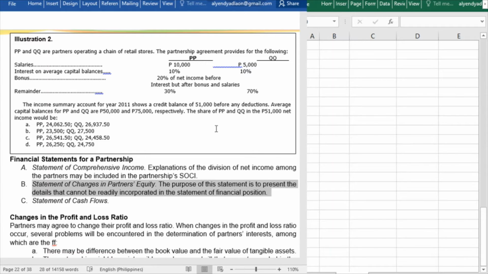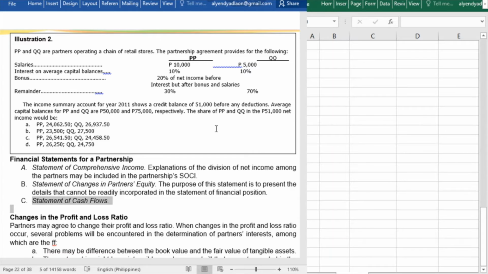Now, of course, there are those partners who are only capitalist partners and who are not really active in the business. So how are they going to know what happened to their capital? So that is why we have this breakdown, right? We have the statement of changes in partners' equity to see the amounts that affected the equity balances of these partners.